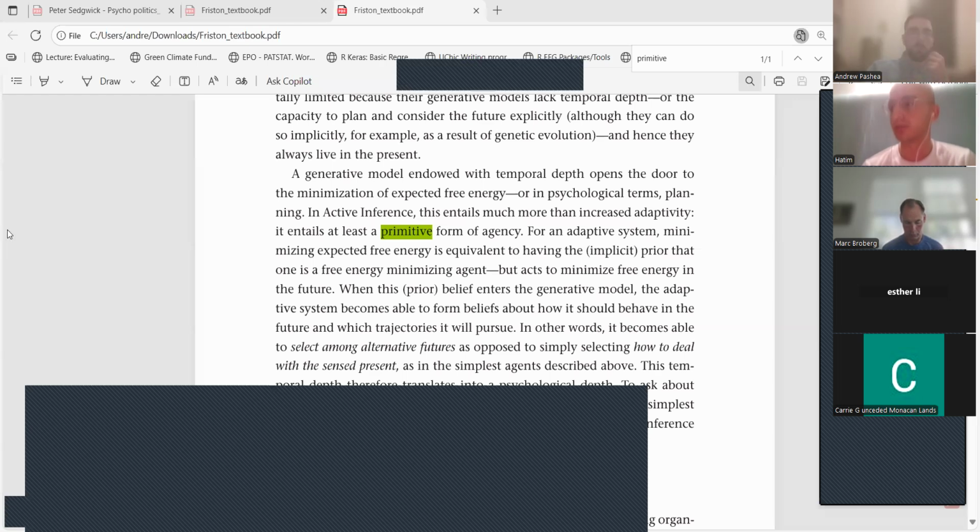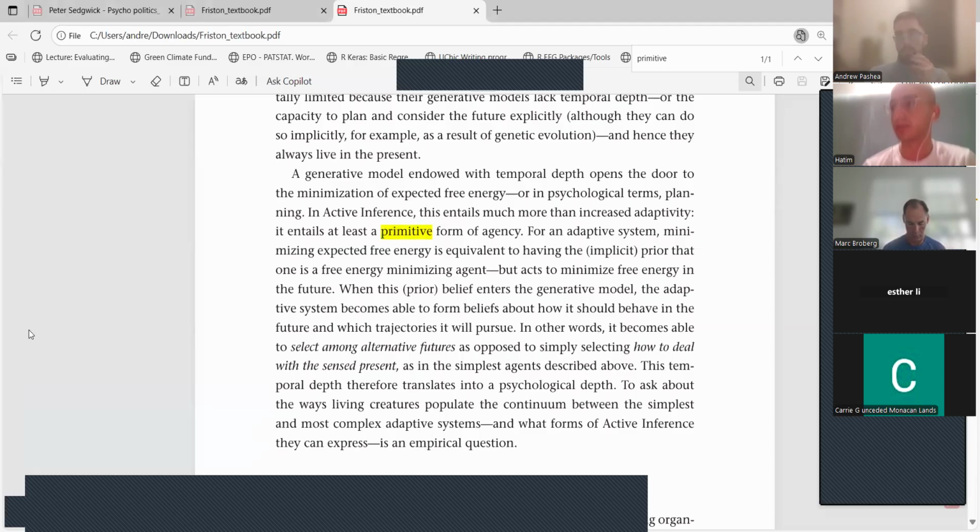Is there more to it? Is it just the planning and the modeling of the future? Is it the only prerequisite for defining agency in this framework, or are there more, or do they go into more detail on how agency should be conceptualized? And maybe this is more of a philosophical question that is out of scope for this discussion group. How does this relate to free will?